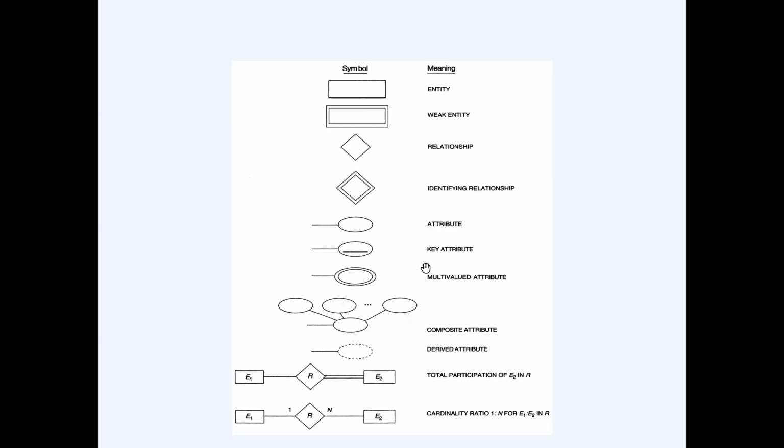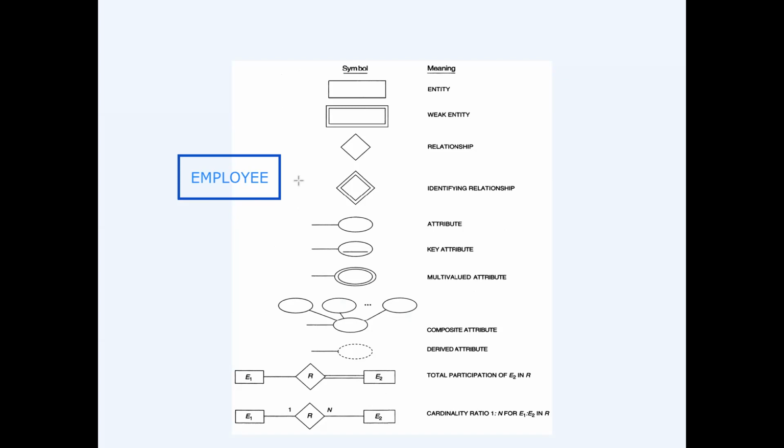Then, when you want to represent attributes, you can connect them. For example, what I can do is draw something like this. I can type employee, right? So now I can draw a square, rectangle. Yes. So this is the employee entity.